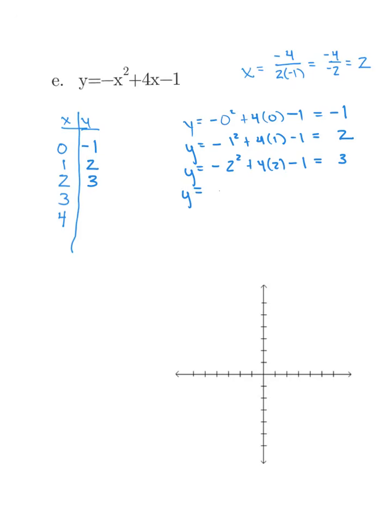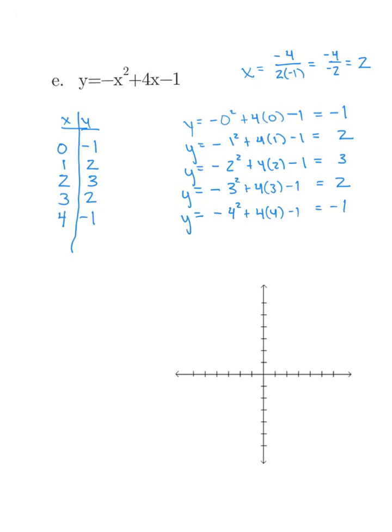If we plug in 3, we get minus 3 squared plus 4 times 3 minus 1 equals 2. If we plug in 4, we get minus 4 squared plus 4 times 4 minus 1 equals negative 1.